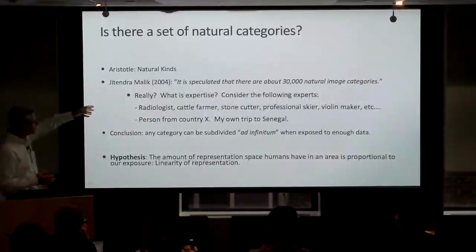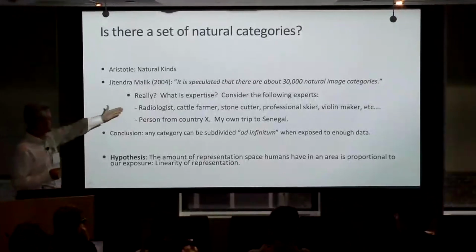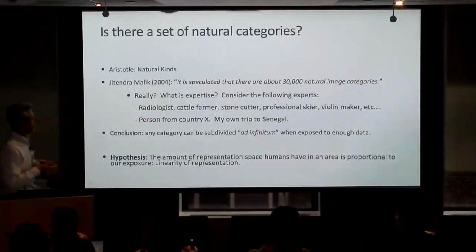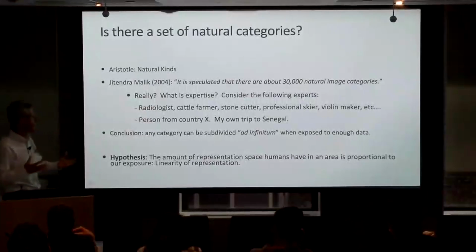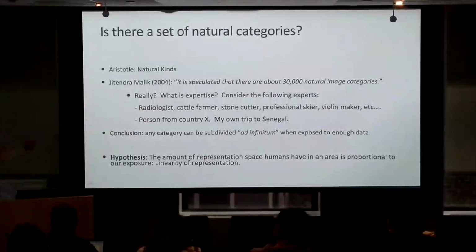I want to argue against it by asking, what is expertise? So let's think about some people that have a lot of expertise in a particular visual area, like radiologists, who are experts in X-rays and CAT scans and MRI scans, and cattle farmers, who know a lot about how to identify cows.